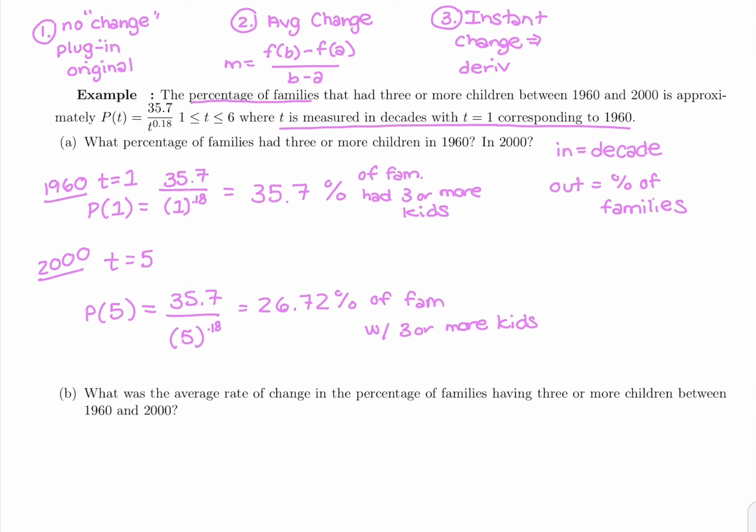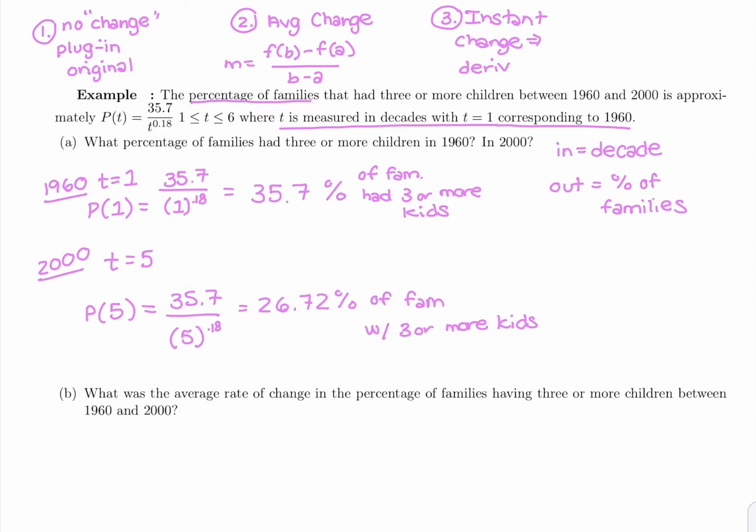Do those answers make sense? I would double check that before moving on. Of course, if we got an answer over 100, more than 100%, that can't be right. Also, our answers seem reasonable. There were about 36% of families with 3 or more kids in 1960 compared to about 27% in 2000. That makes sense to me because the cost of living is going up.